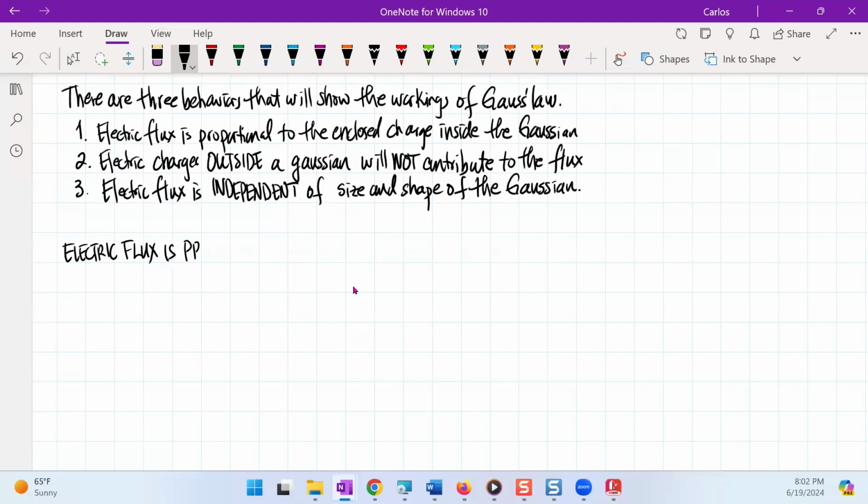is proportional to the enclosed charge inside the Gaussian.